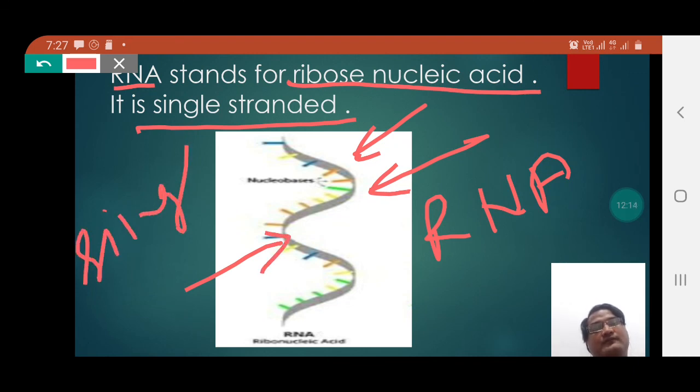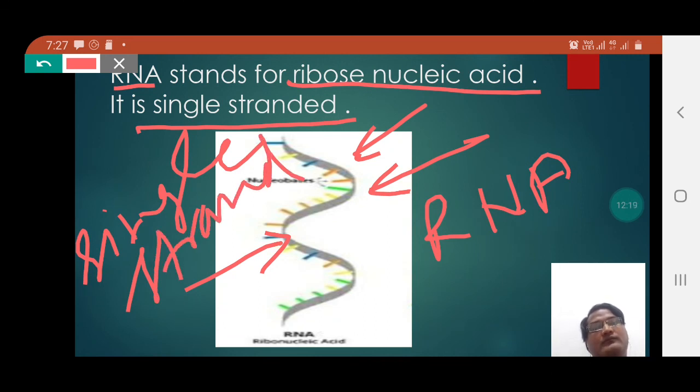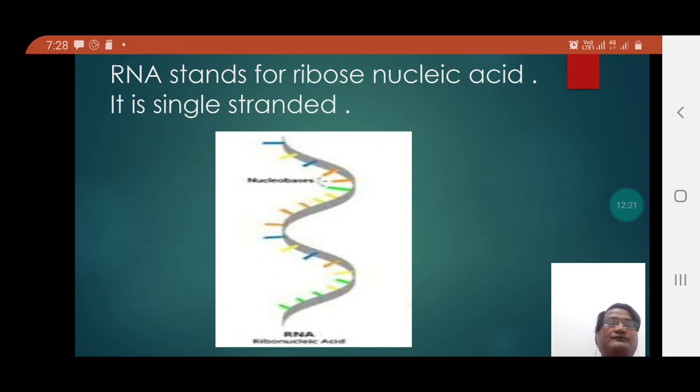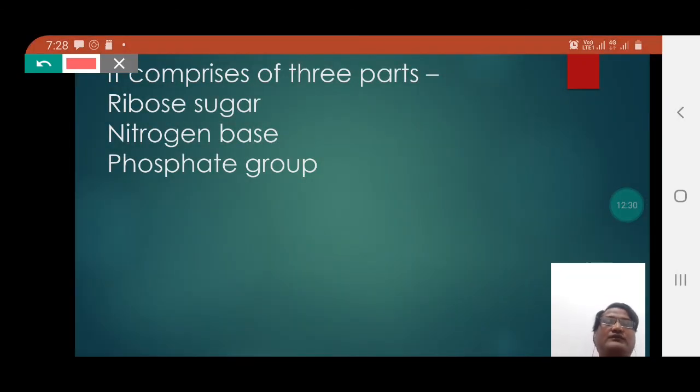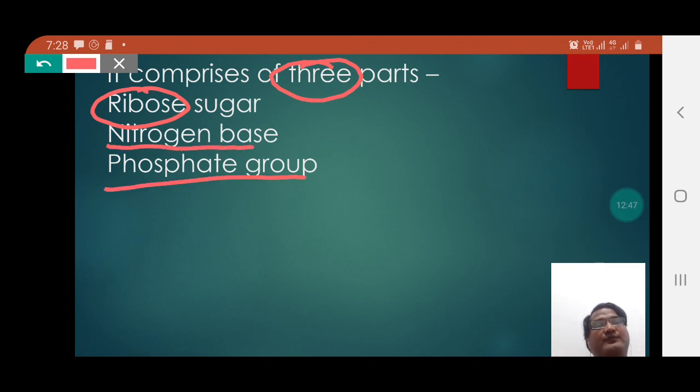RNA comprises of three parts: ribose sugar, nitrogen base and phosphate group. So students, the main three parts of the RNA are ribose sugar, nitrogen base and phosphate group.